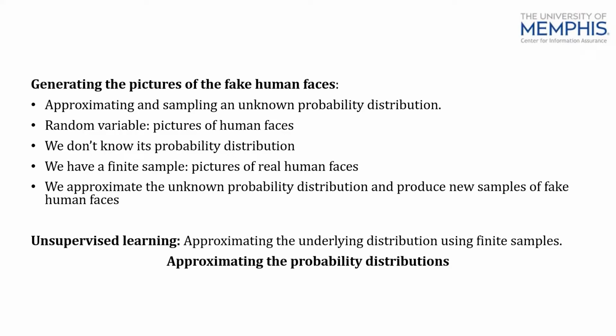Then we approximate the unknown probability distribution and produce new samples of fake human faces. This could be an unsupervised learning problem where the machine learning algorithms are not given any labels, and these algorithms have to discover the hidden patterns in the data without the need of human intervention. So mostly this is a probability distribution approximation kind of problem.